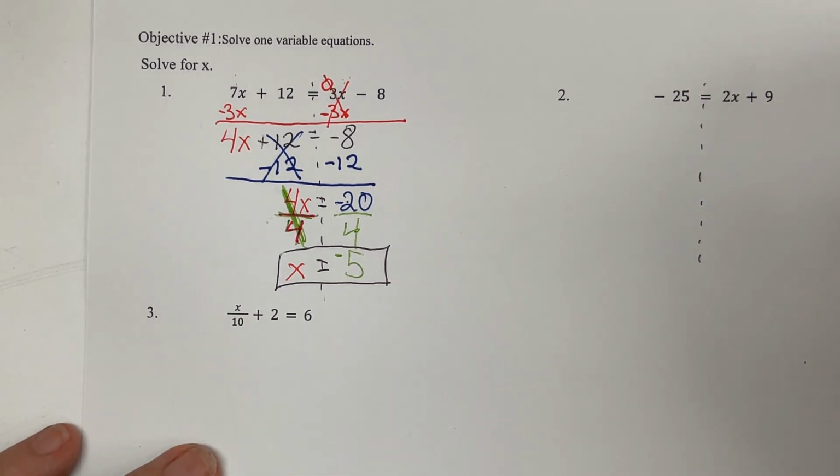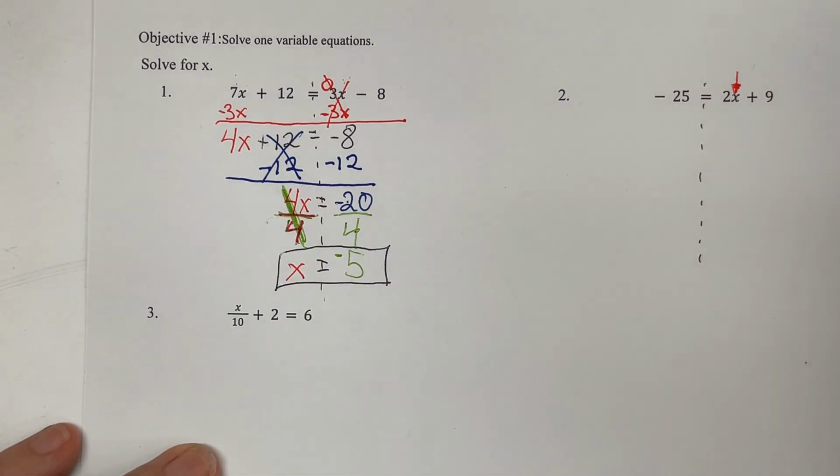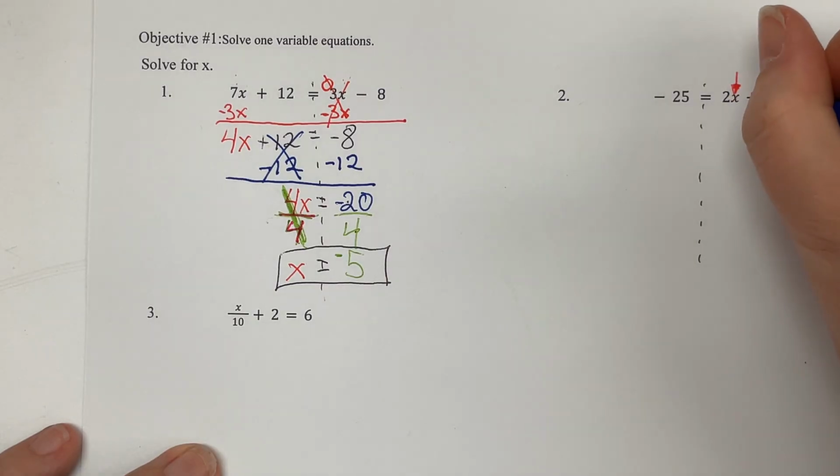All right, what do we have? What are we going to get rid of first? If you have not paused yet, now's a good time. All right, we've got to get x by himself. What do we get rid of? 2 is too close. Let's get rid of the 9. Okay, so let's subtract 9 from both sides.